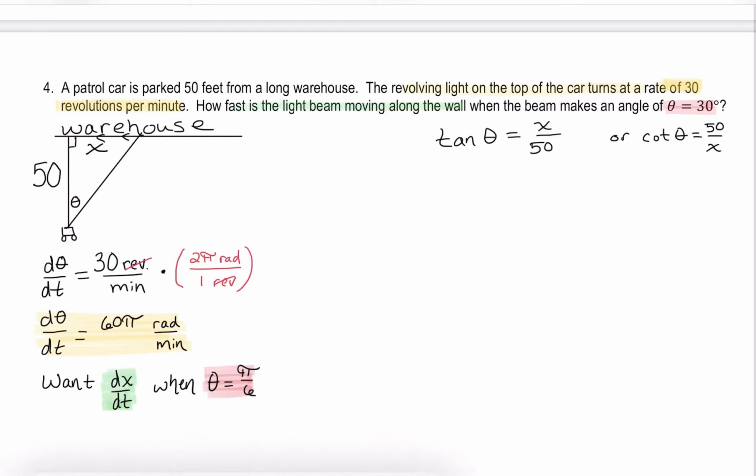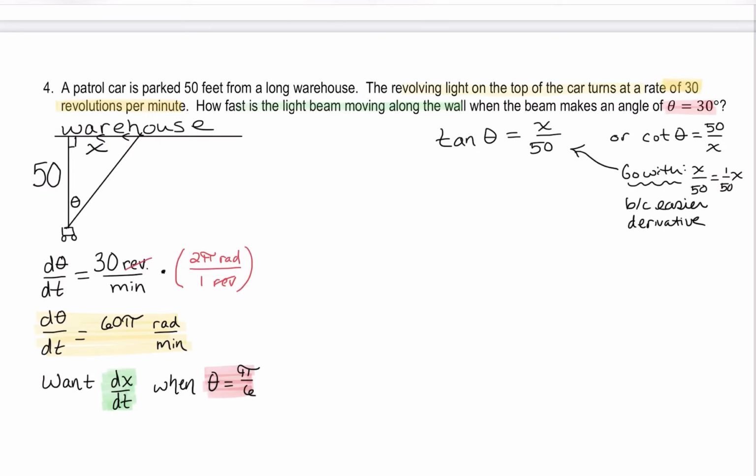I would go with the form that is x over 50, because if I think of that as 1/50th x, that is going to be easier to take its derivative. If it had been the cotangent one, I'd go with that one. It happens to be tangent here, but I'm going to do that because it would be an easier derivative. Right, so just be thinking about that.